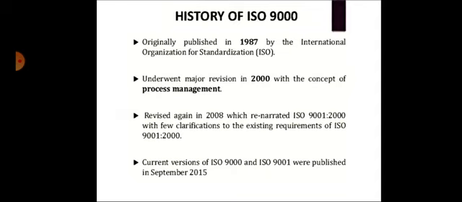It was again revised in 2008, which re-narrated the ISO 9001 release of 2000 with a few clarifications to the existing requirements. The current versions of ISO 9000 and ISO 9001 were published in September 2015.